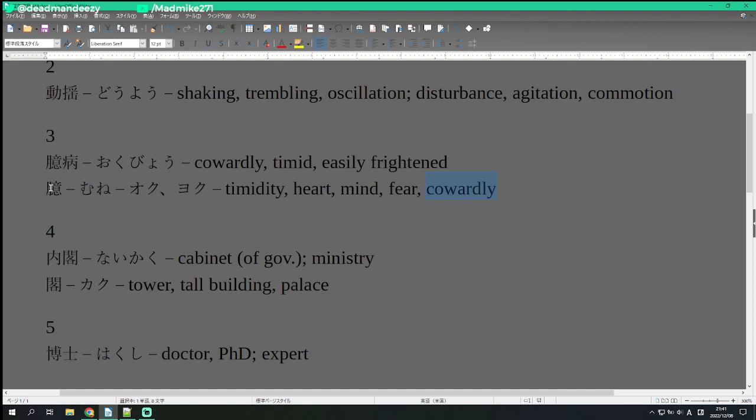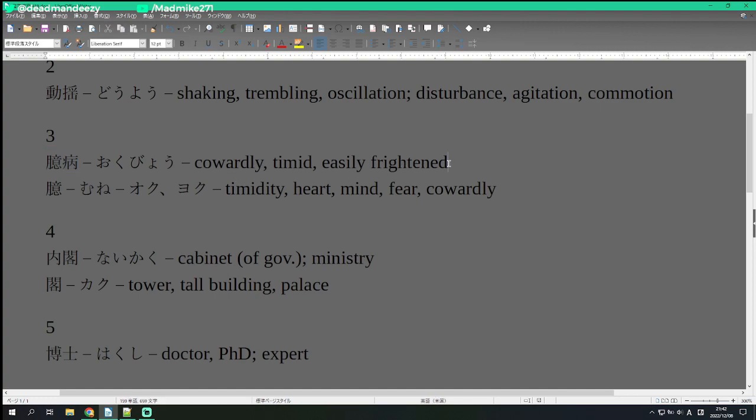Okubyo. Oku is timidity, cowardly, or fearing. Okubyo, the oku is cowardly. So to have the sickness of being cowardly, that means cowardly, timid, or easily frightened.